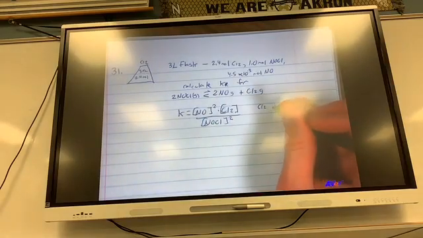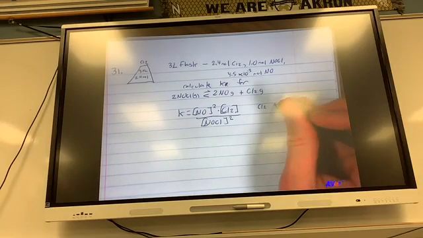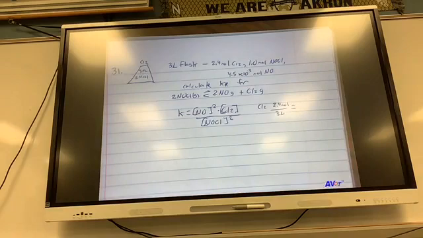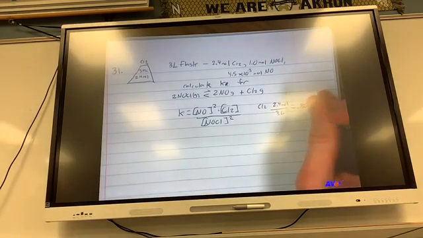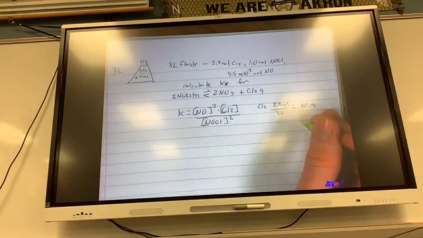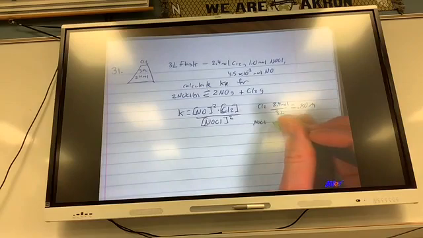That's going to be, well, it doesn't matter. We'll do Cl2 first. I have 2.4 moles divided by 3 liters. Put that in your calculator. So Cl2 is 0.80 molar. For NaCl, I have 1 mole per 3 liters.